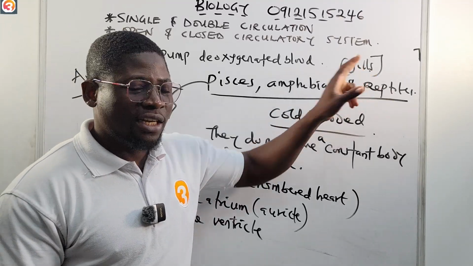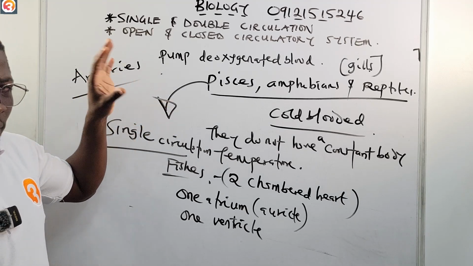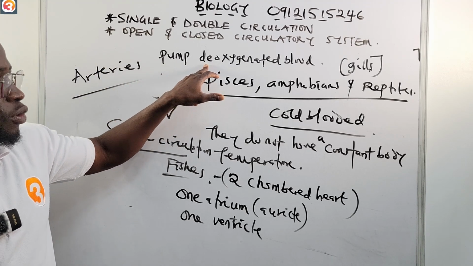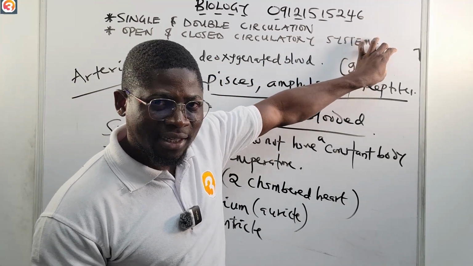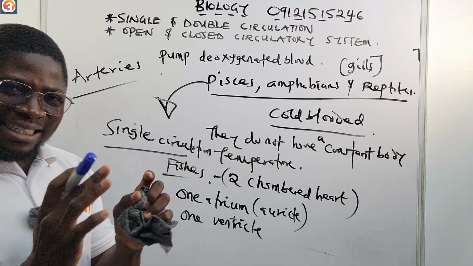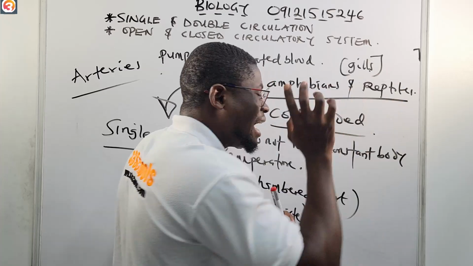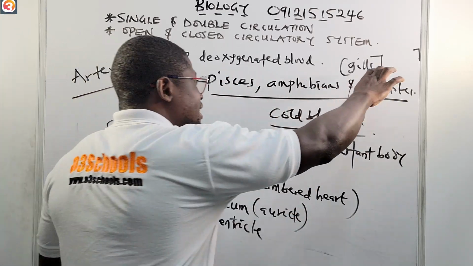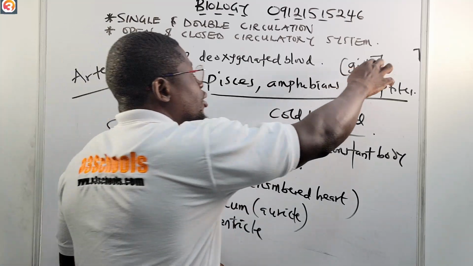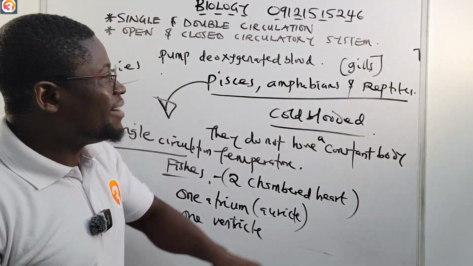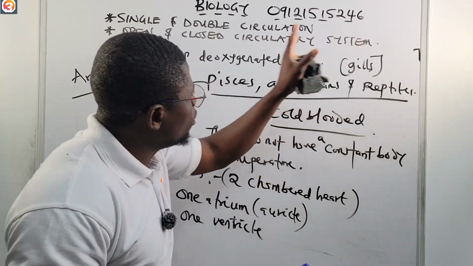When the blood gets to the gills, gaseous exchange happens, and we now have oxygenated blood. Oxygenated blood is taken to different parts of the body immediately after the gaseous exchange. So oxygenated blood does not return to the heart.